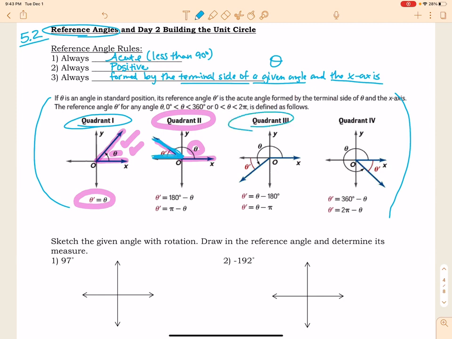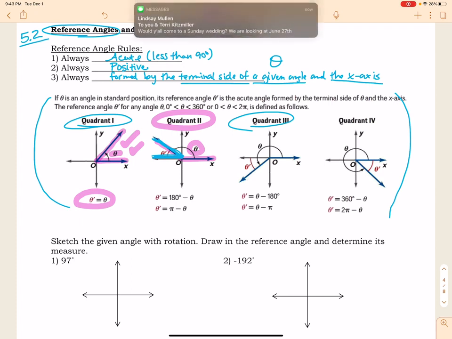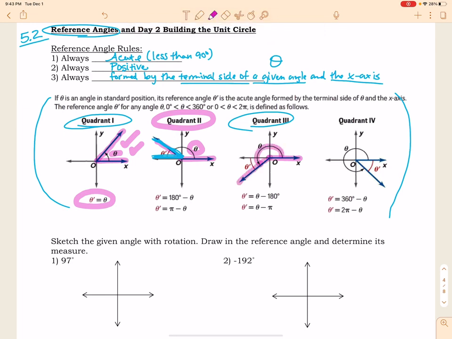Okay, quadrant 3. If we're in quadrant 3, that means our initial angle ends in quadrant 3. That means that our reference angle is going to be formed by the terminal side here and the x-axis here.